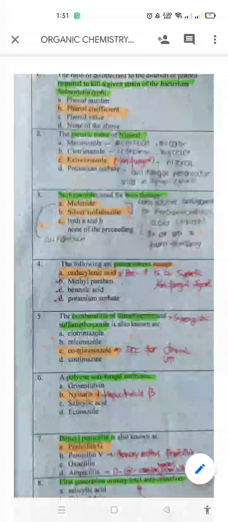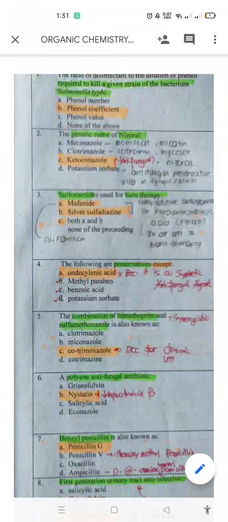Number 3, sulfonamides used for burn therapy. Your answer here is letter C, both mafenide and silver sulfadiazine. So sulfonamides used for burn therapy, your mafenide and your silver sulfadiazine.